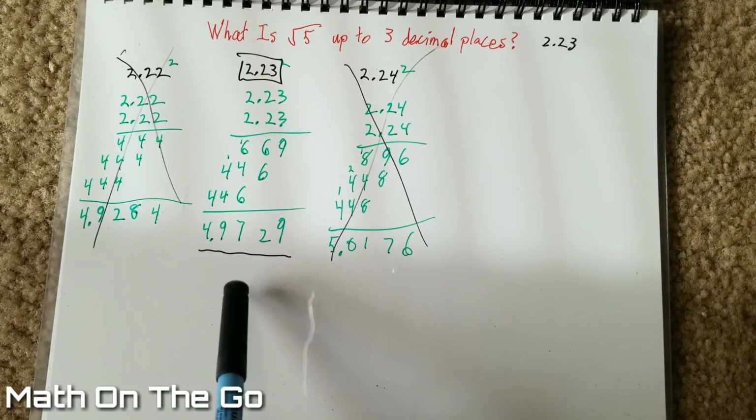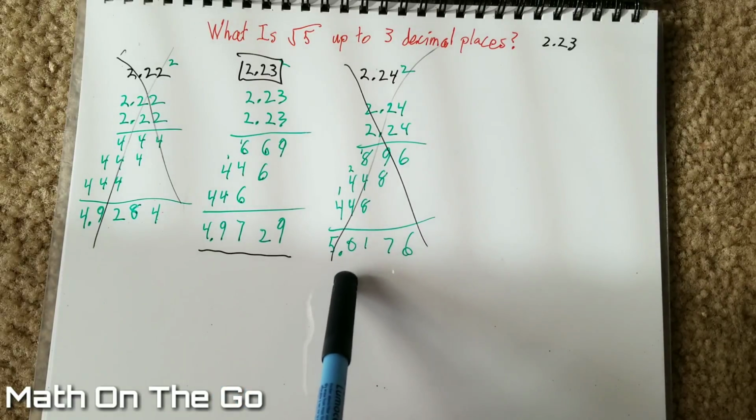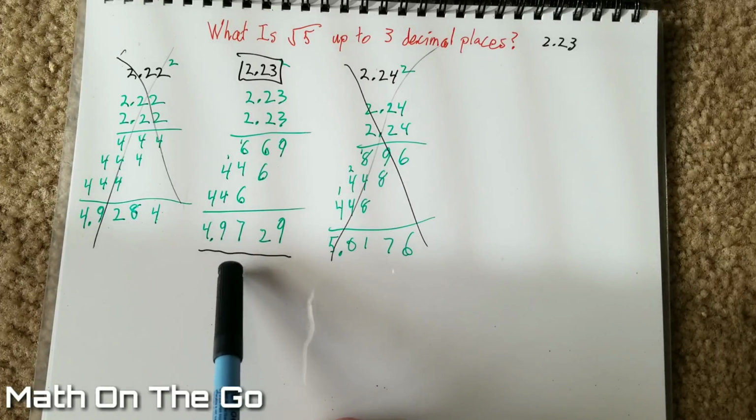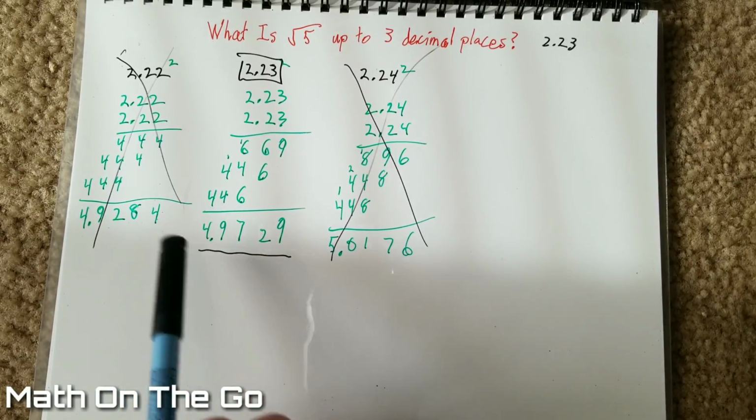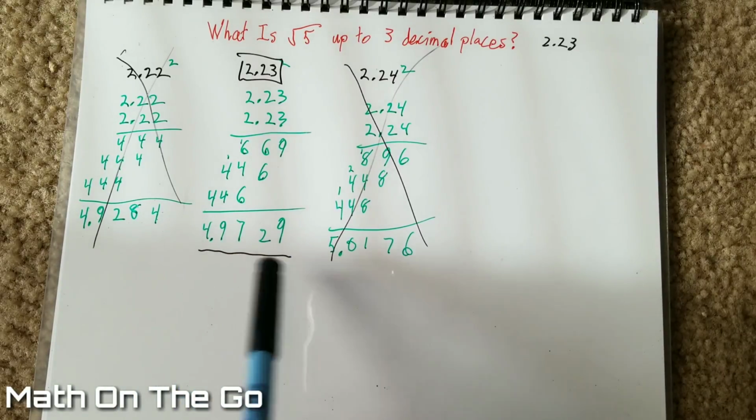So we could have assumed that 2.24 was going to be too high, given that we were at 4.97 with the 7 in the hundredths place, and before we were at a 2. That's quite a difference between the two. The next one jumped up even higher.